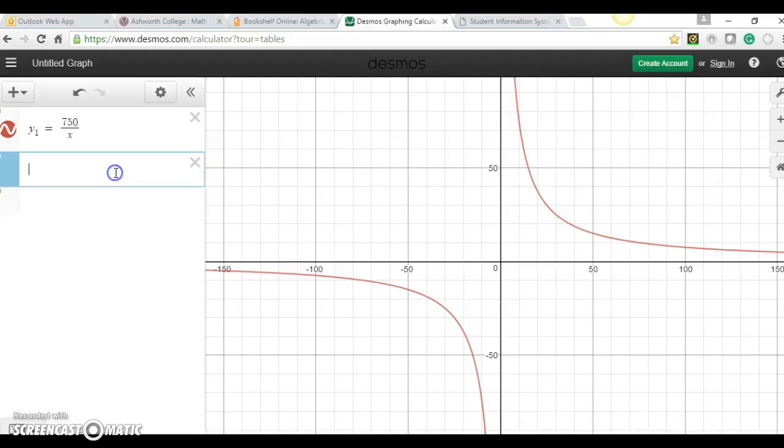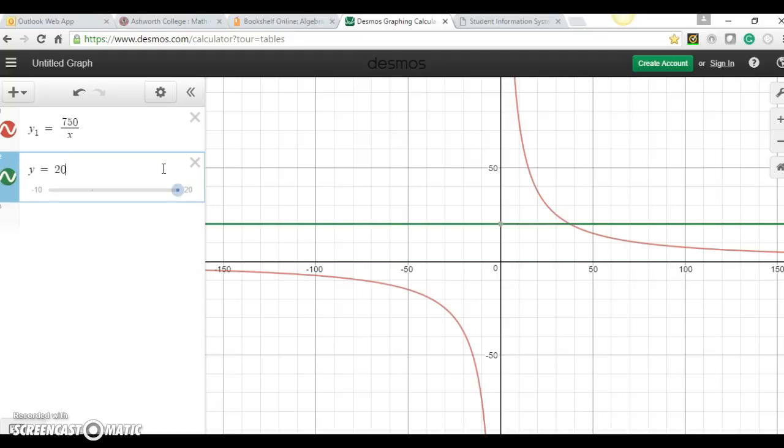Let me change this. Let's just do y equals 20. There we go. Y equals 20. And so I can use my dot to see where that point is, and it's at 37.5.